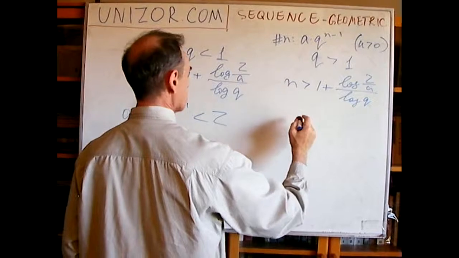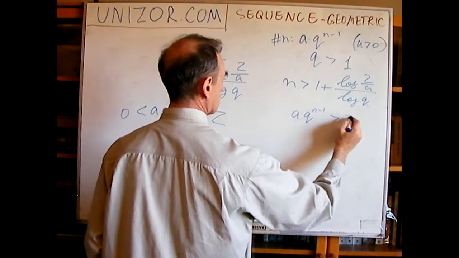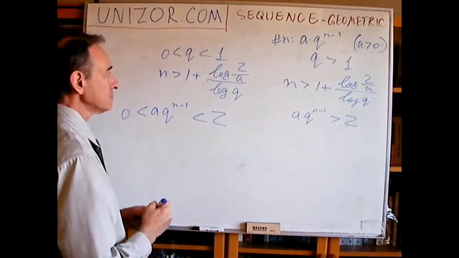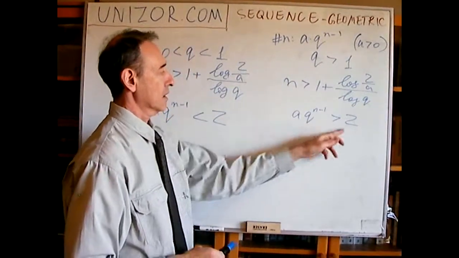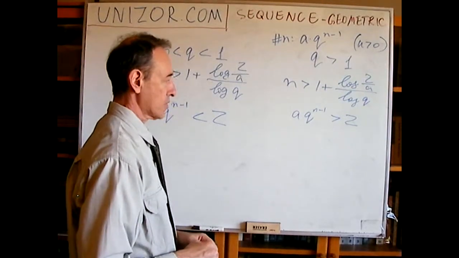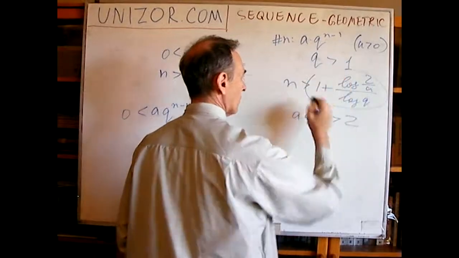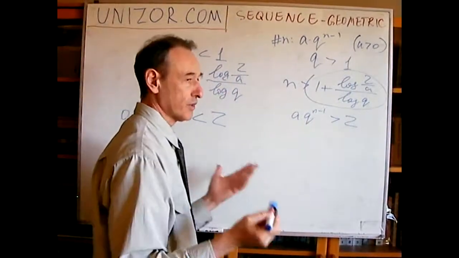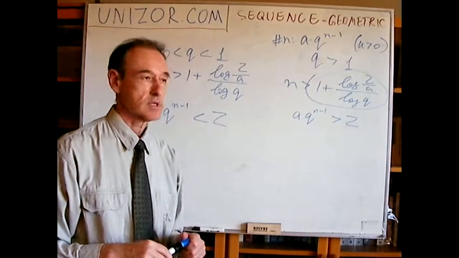And in this case, it would be greater than z. So if n is greater than this number, then members of our progression will be greater than z. So this is kind of a border for sequence numbers.